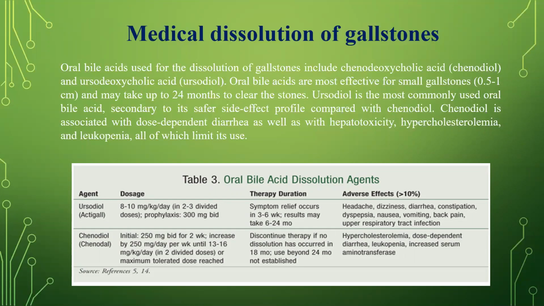So before prescription of such medication, you should be sure that the patient has small gallstones, cholesterol-containing without calcium, or with only small amounts of calcium inside the stones, and the patient should be followed up constantly during this 6 to 24 months treatment period.